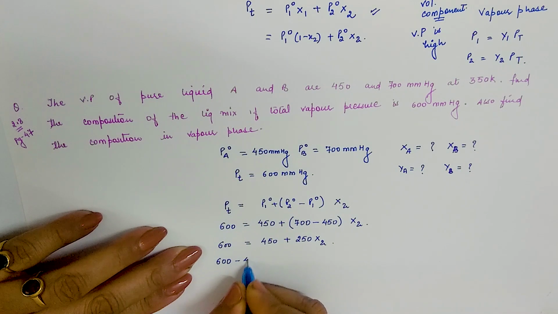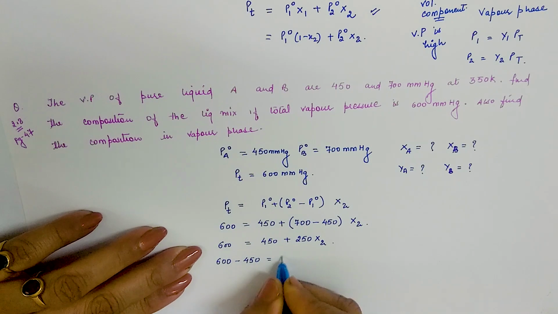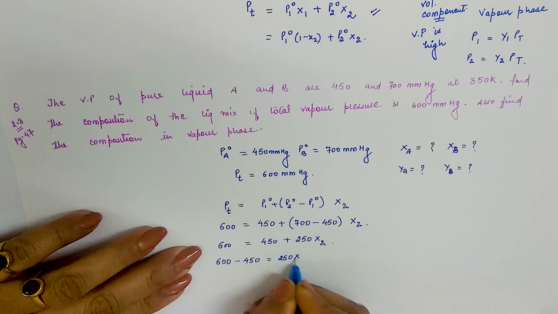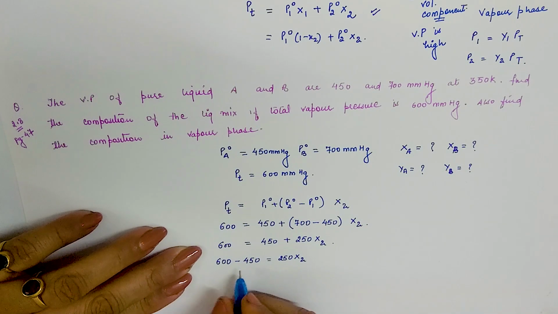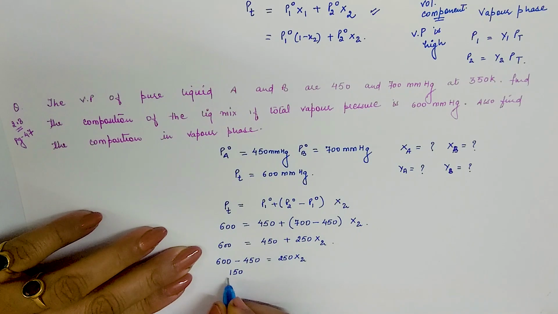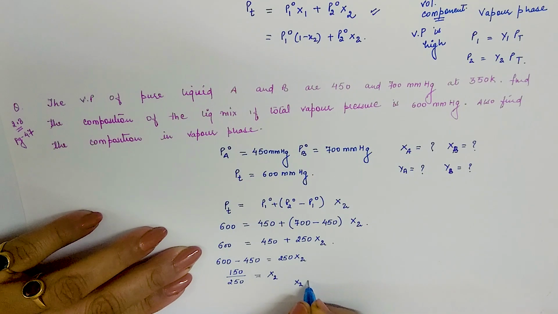So 600 minus 450 is equal to 250 x2. When you solve it, it is 150, and taking this 250 here, 150 divided by 250 is equal to x2. So x2 is equal to 0.6.